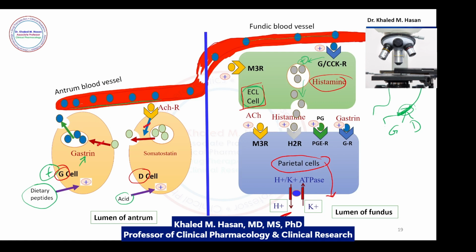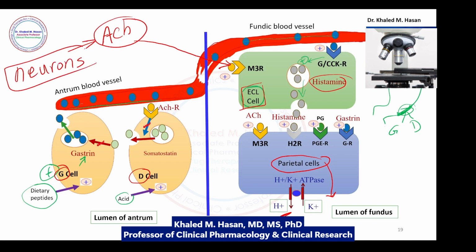Okay, so as we discussed, the gastrin released from the G cells enters the bloodstream and goes to the enterochromaffin cells to induce the release of histamine. Not only gastrin affects histamine; we have other factors that may release histamine. This factor is acetylcholine, released from neurons of the autonomic nervous system.